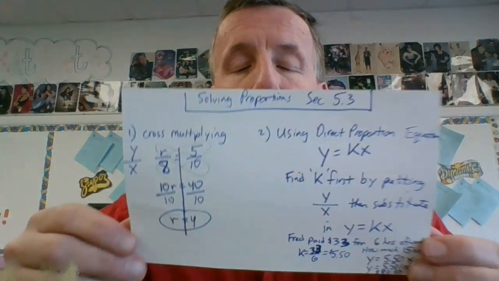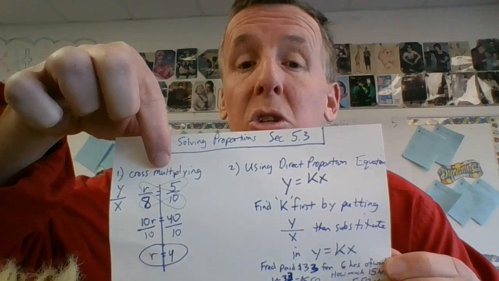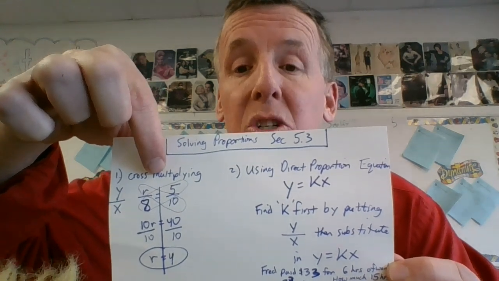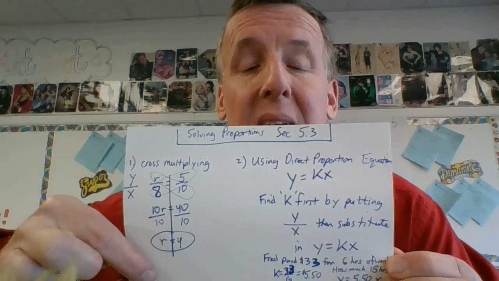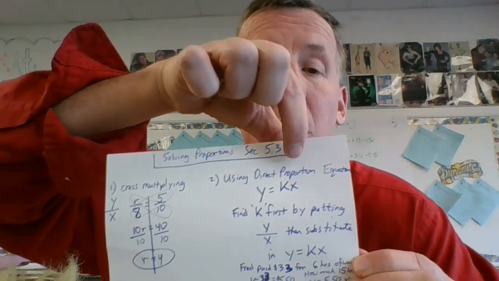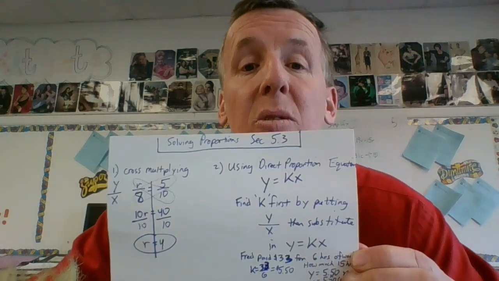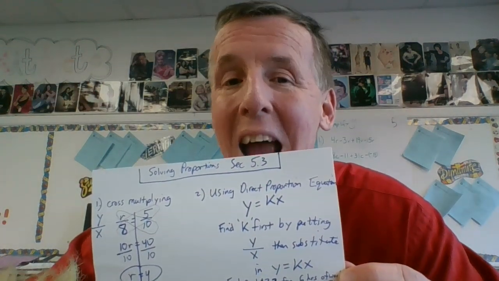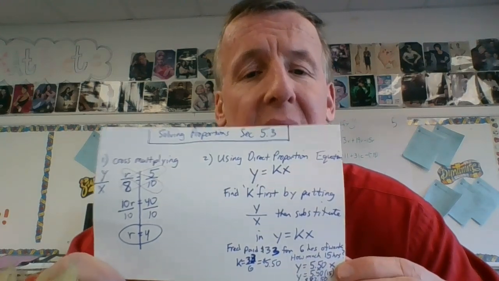So once again, two different ways. You could set up a proportion, which is two equal ratios, two equal fractions, cross multiply, solve it algebraically, big 7th grade way. Or we could use an equation y equals kx. And you find k by putting y over x. That is how you do that.